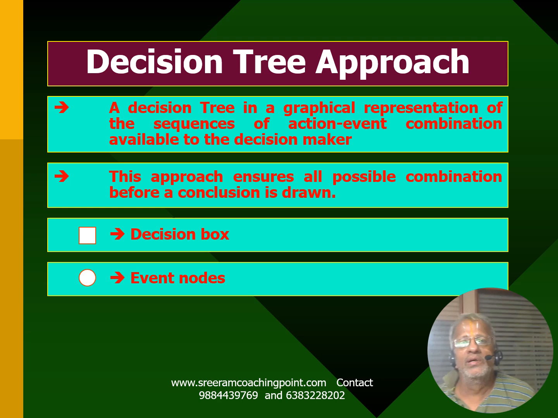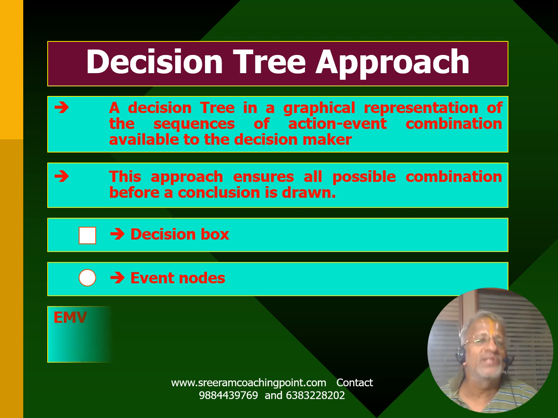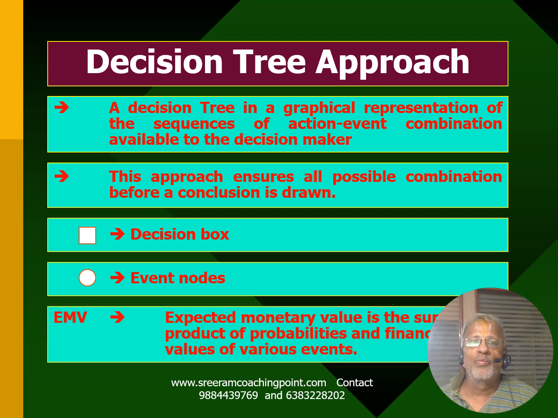And a decision would result in action, action would result in outcome. That outcome, when it is to be indicated, will be indicated by a small node. Now let us apply it in the problems, and the decision will be taken based on the financial values, or you can call that expected monetary values. What is an expected monetary value?